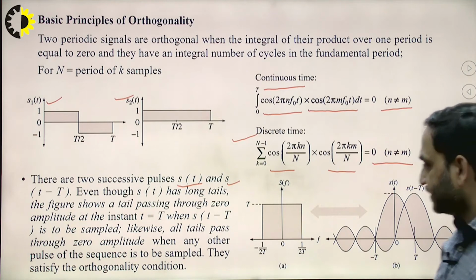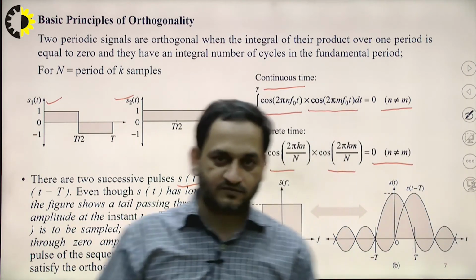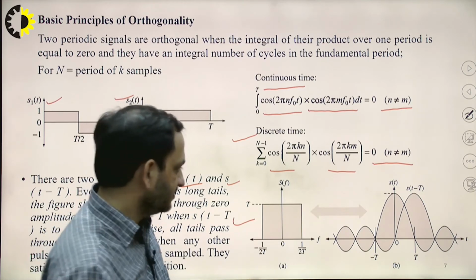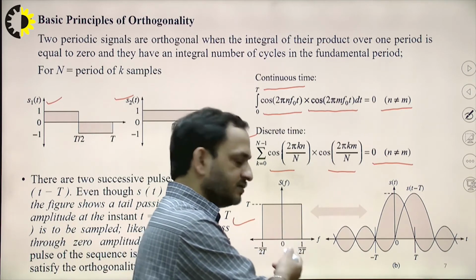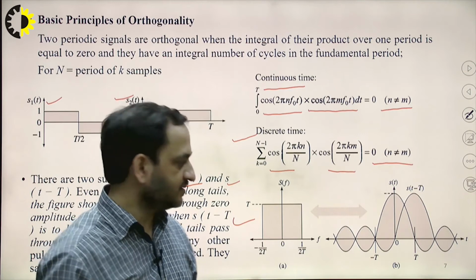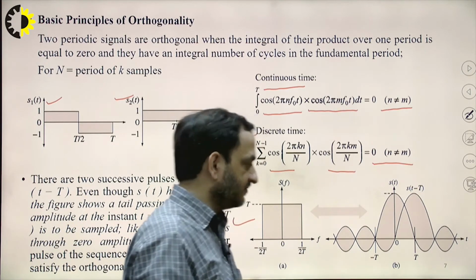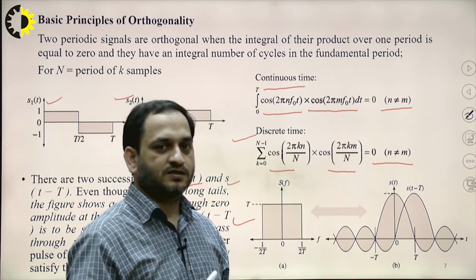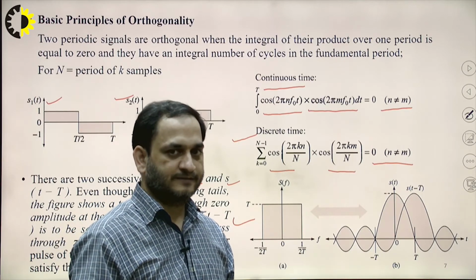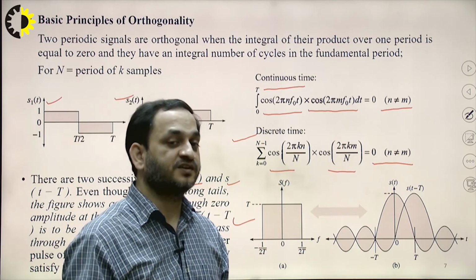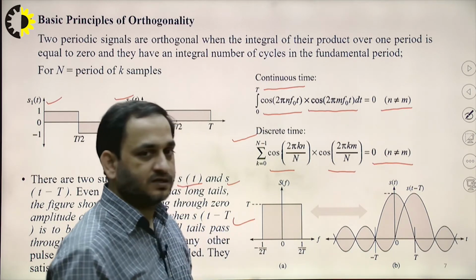Suppose this is our one pulse in the frequency domain. When we convert it into the time domain, it shows a sinc function. We are aware that if we have a rectangular pulse as input, after the inverse Fourier transform it becomes the sinc function.